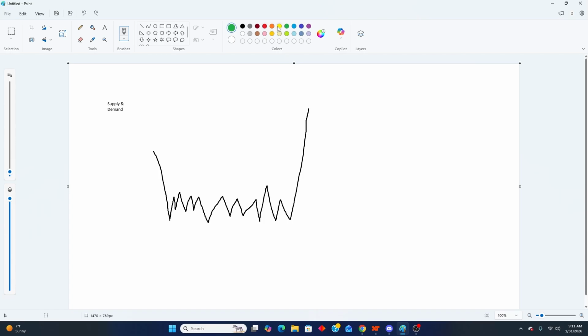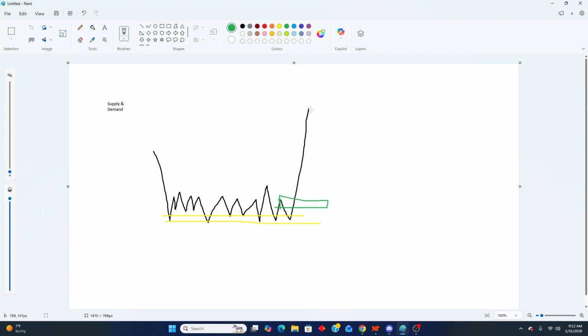You would just take another color and mark that out clearly like that, as a support. Price is rejecting. You see how we got this aggressive leg up? This right here would be your supply zone.